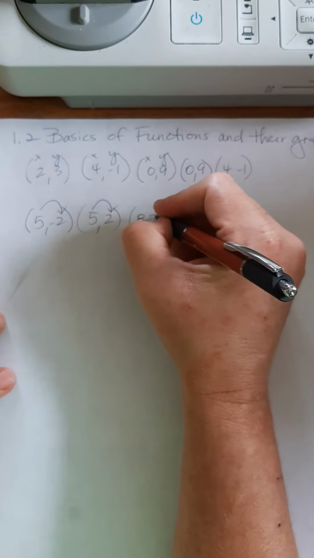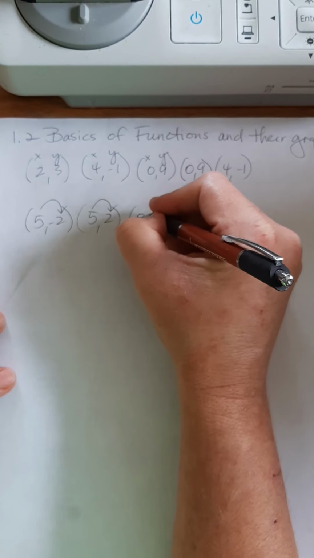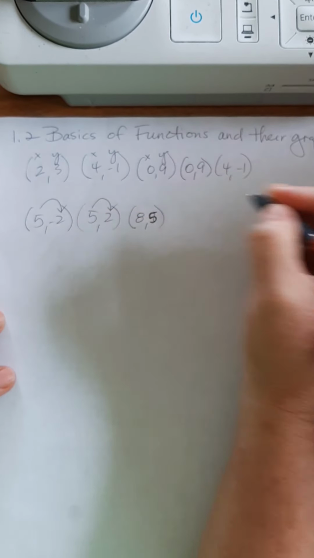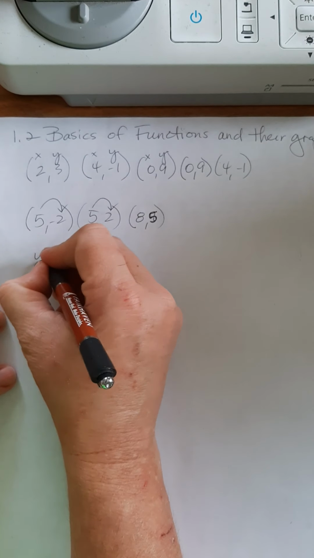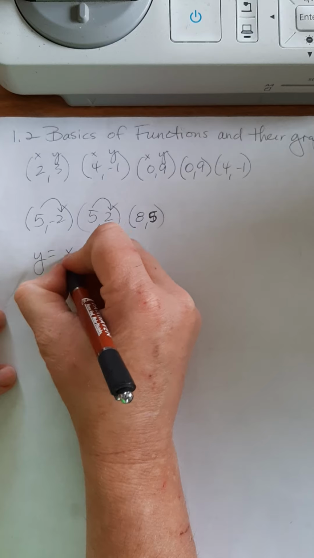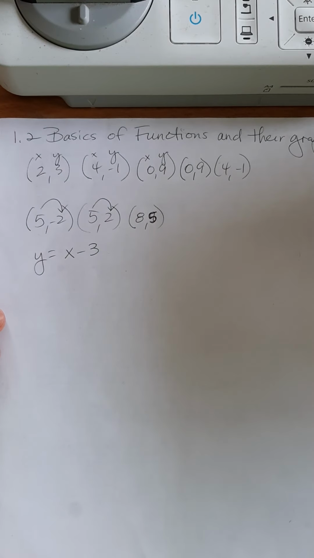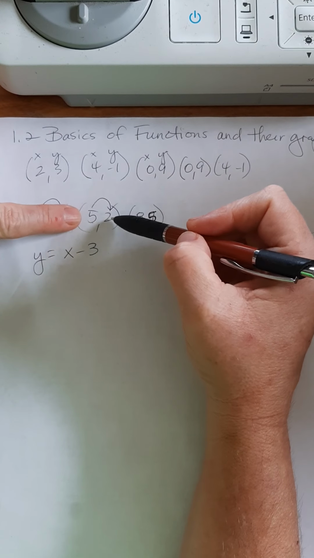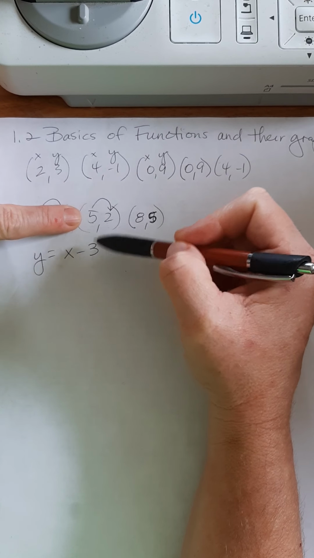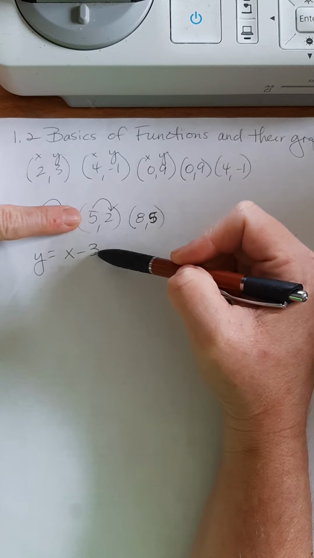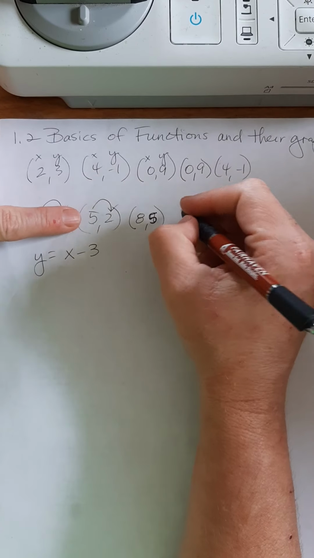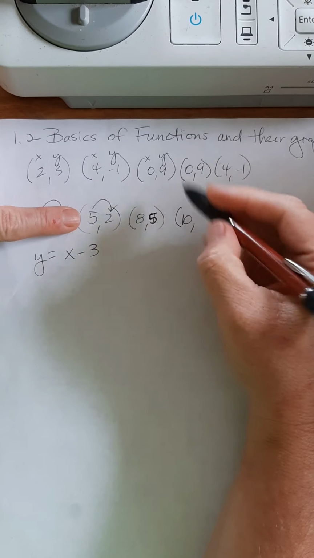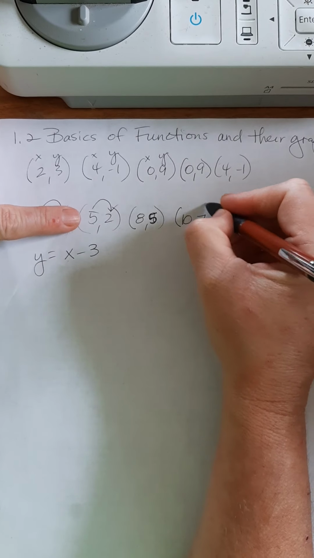Let's say my function was y equals x minus 3. Notice how 5 minus 3 is 2. 8 minus 3 is 5. If I plugged in 10, 10 minus 3 is 7.